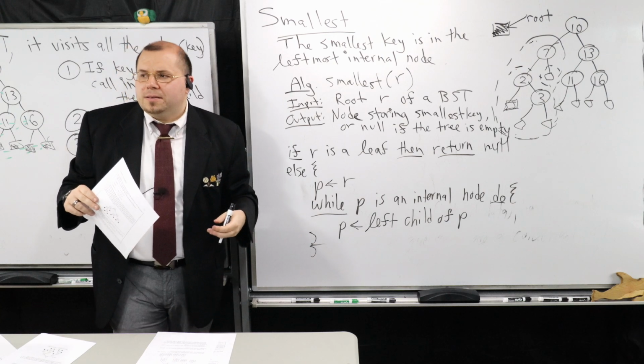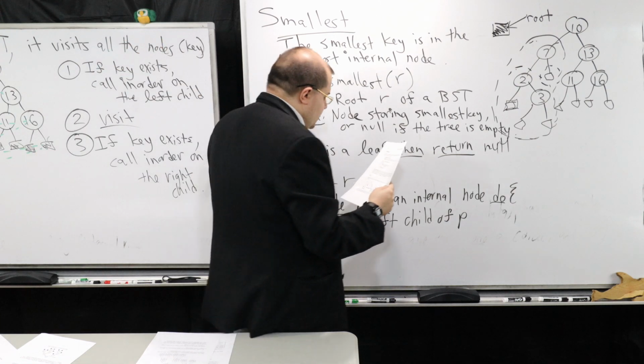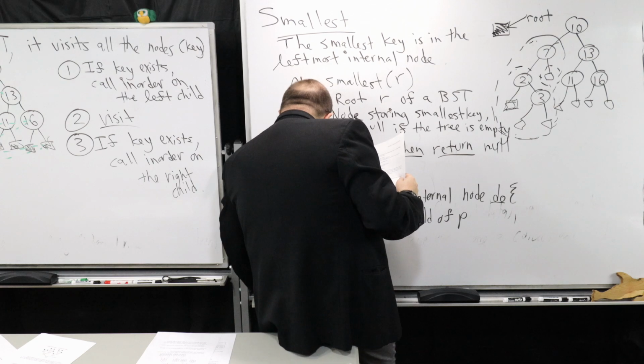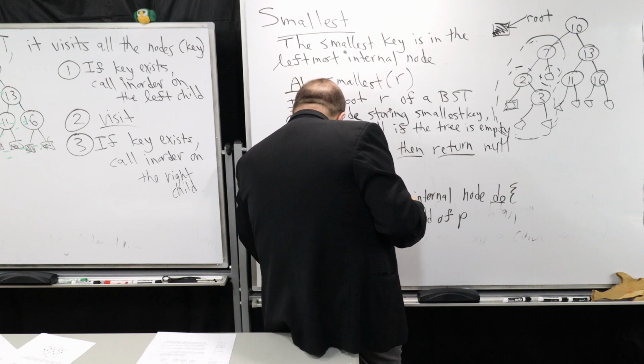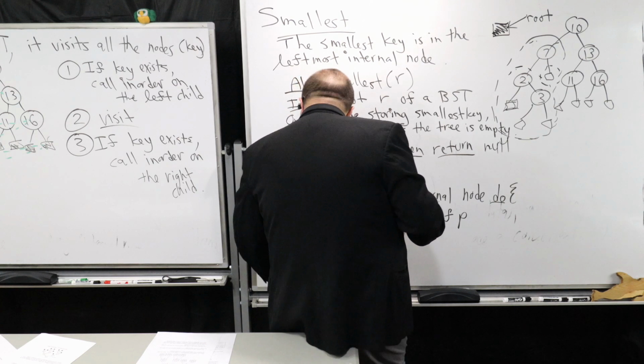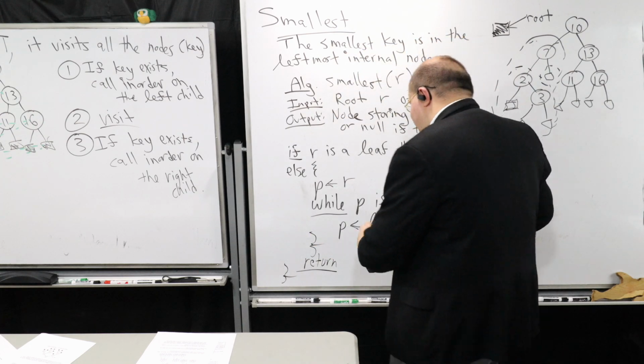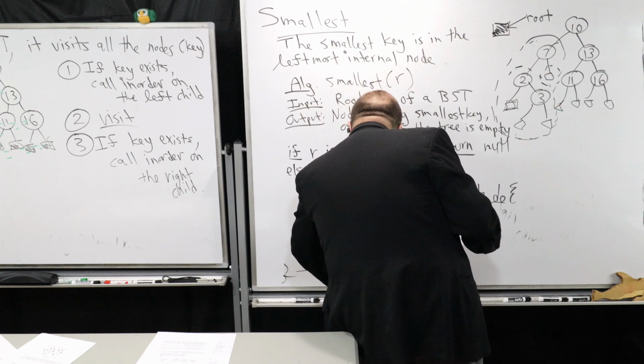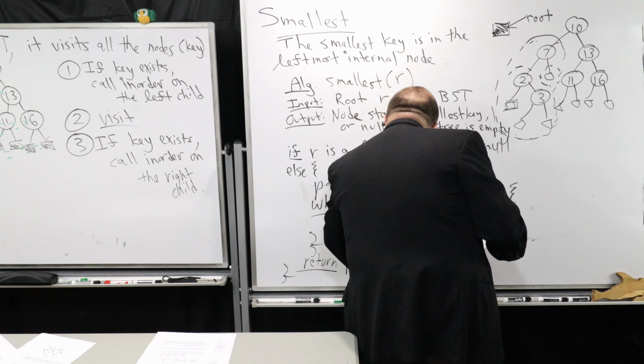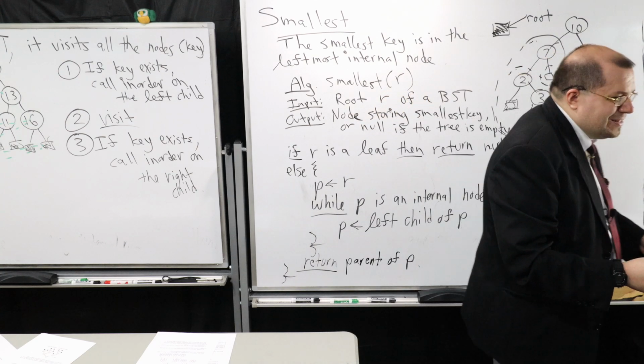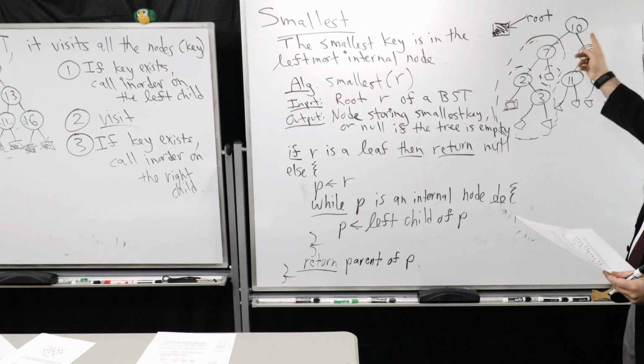Which one? It's the parent, exactly. So all I do is I return the parent of P, and that's it. That's the entire algorithm. It's very simple, and all it is is an exploration all the way down the left of the tree.